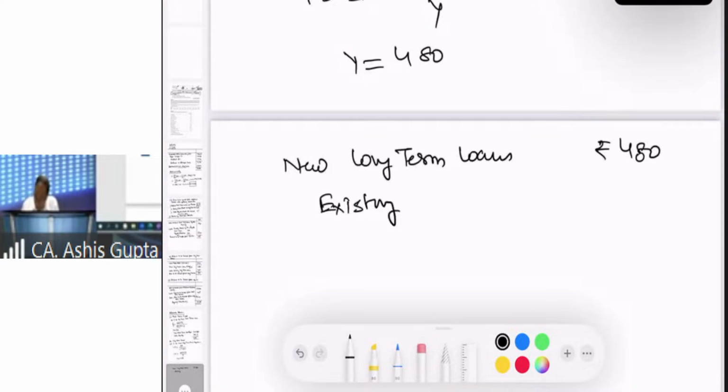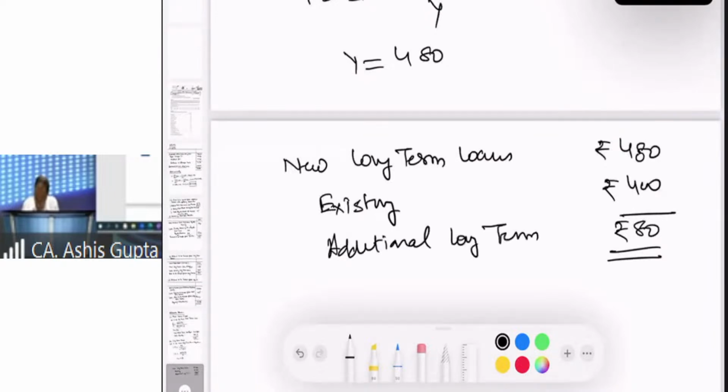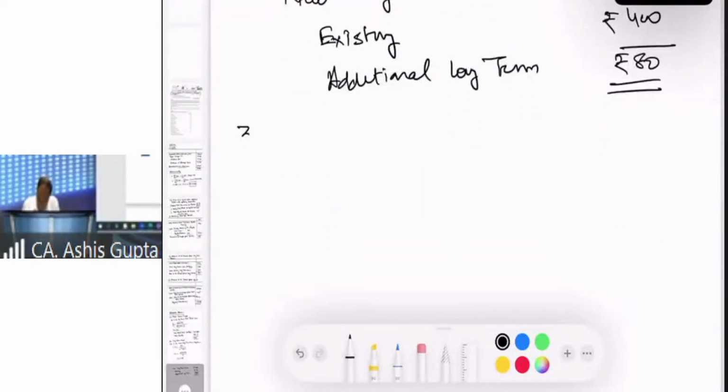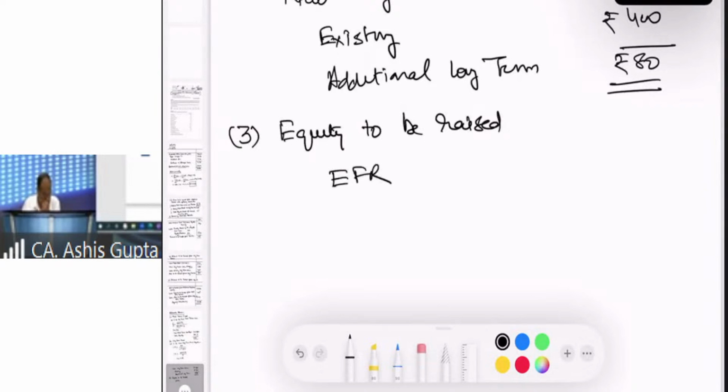Existing 400. So balance will be from the long-term funds. Next is equity to be raised. Okay, whatever approach suits you, you can follow.